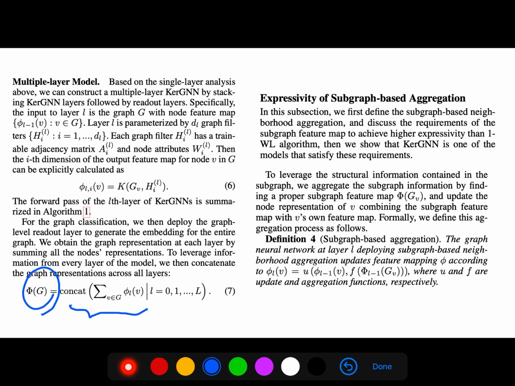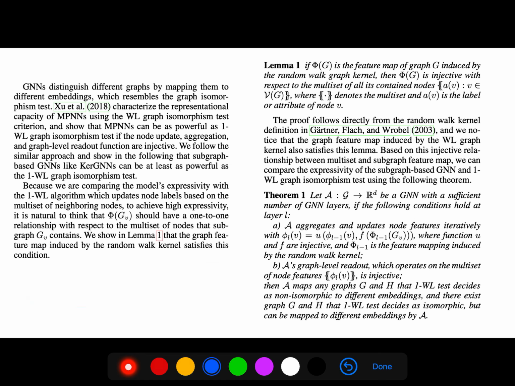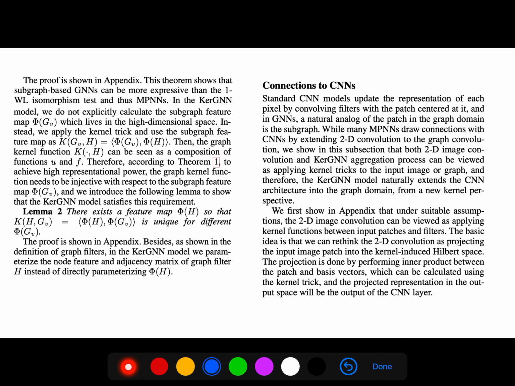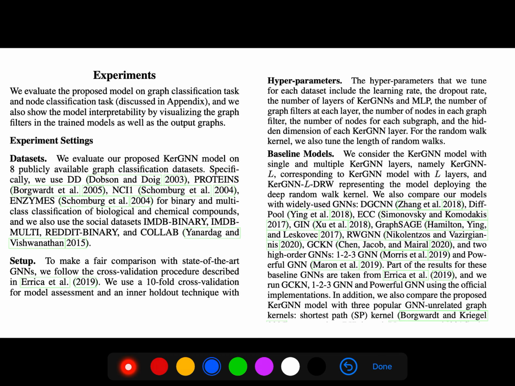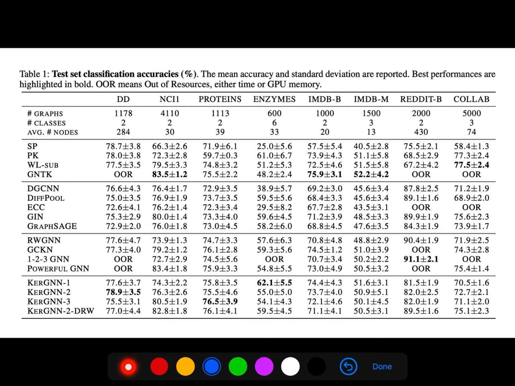Then the rest of this paper is just about the expressivity of subgraph-based aggregation, and also connections to convolutional neural networks, which was the motivation of this paper. And they did some experiments on these popular datasets like NCI1, PROTEINS, DD, ENZYMES.